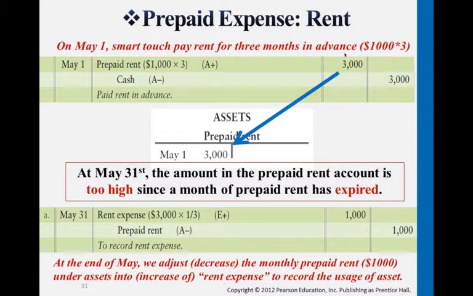Okay, so this example here can also work for insurance. The company may be prepaying a certain type of insurance for 3 months. So May 1st, that transaction again will be captured somewhere here in the journal and ledger. When it reaches the end of the month, before we get to monthly financial statements, we want to do an adjusting entry here, turn prepaid insurance into insurance expense for $1,000.